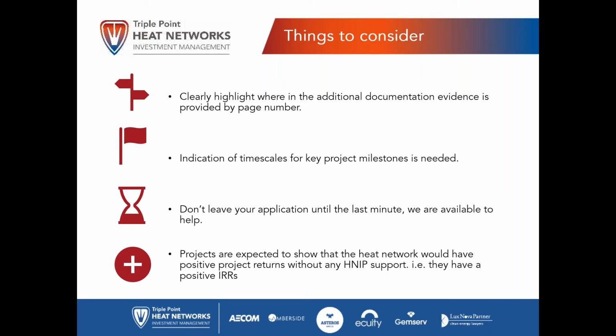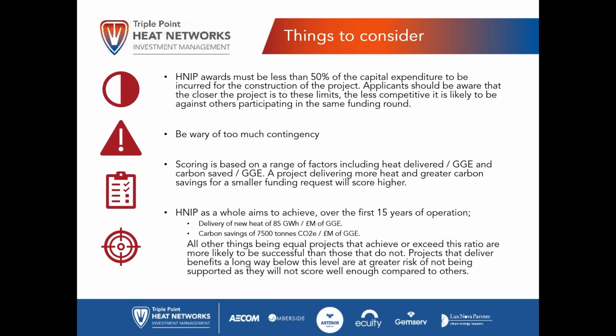Finally, projects are expected to show that their heat network would have positive returns without any HNIP support, so that you would have a positive IRR without HNIP support. So just worth bearing that in mind. Our awards must be less than 50% of the capital expenditure of the network.